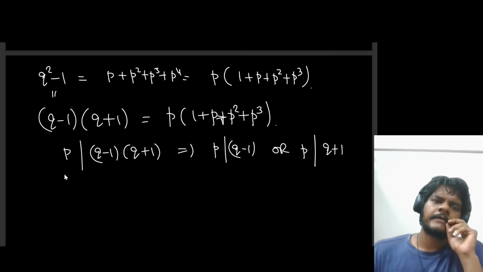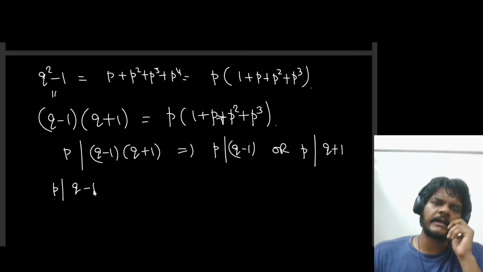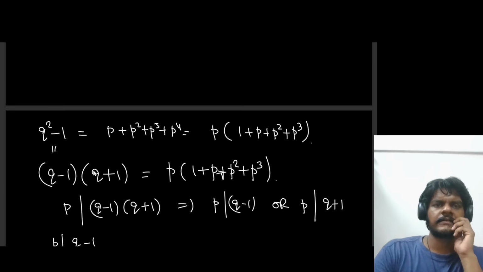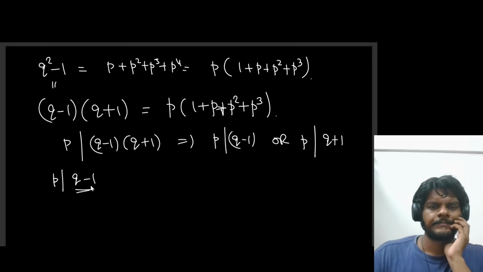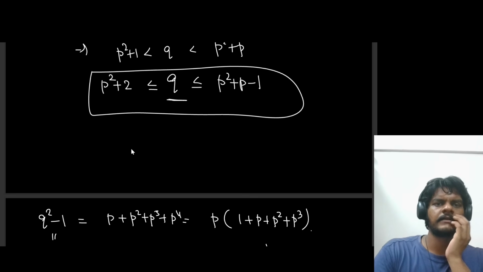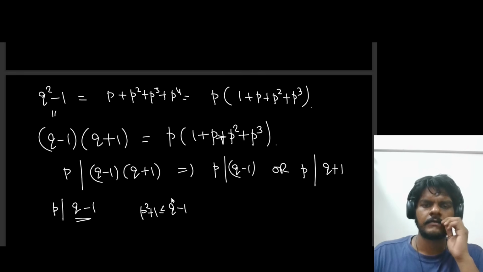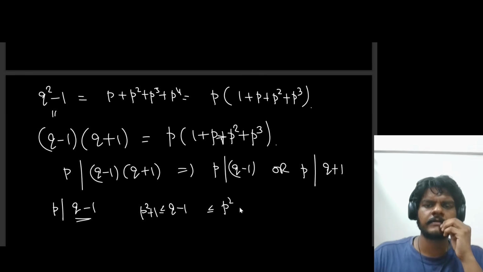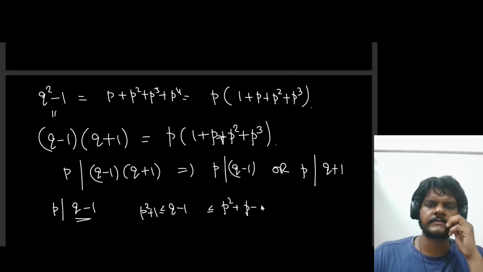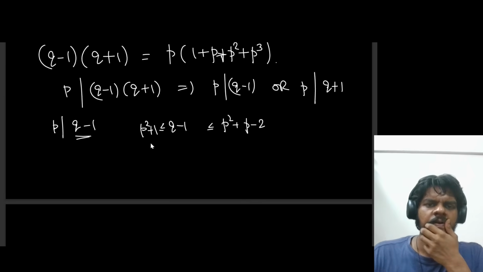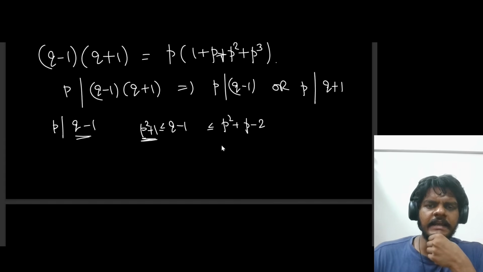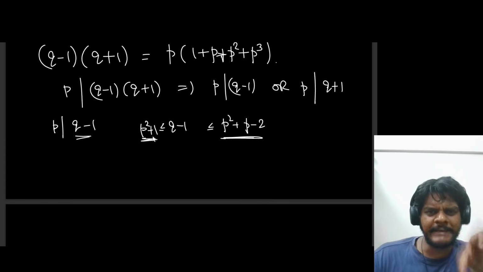If p divides q − 1, so what is q − 1? If you see from this one, q − 1 is between p² + 2 − 1 and less than or equal to p² + p − 2. If you see carefully, can there be any multiple of p between these two?